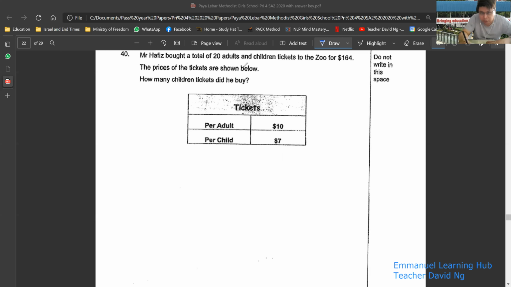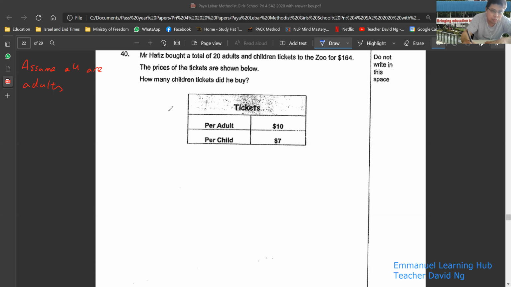You only know the total. So assume all is adult. Because you always assume the opposite direction. They're asking for number of children, right? So you assume all are adults.